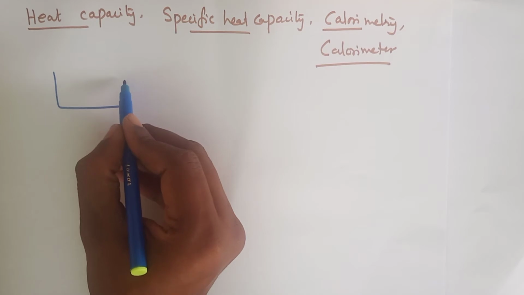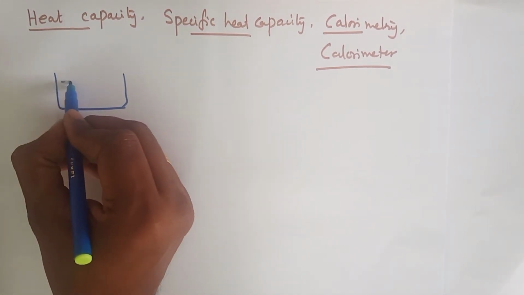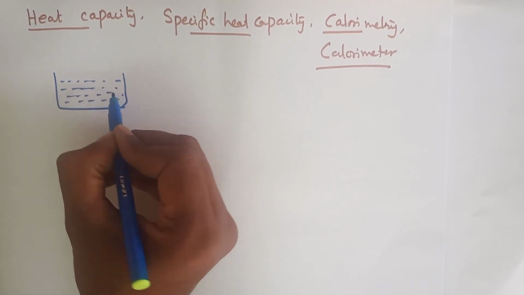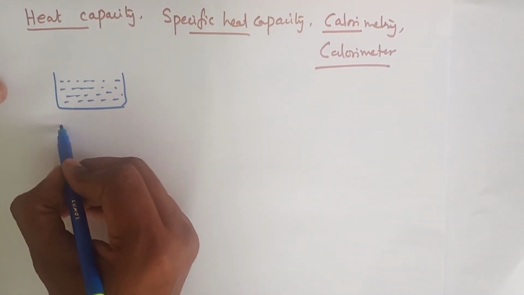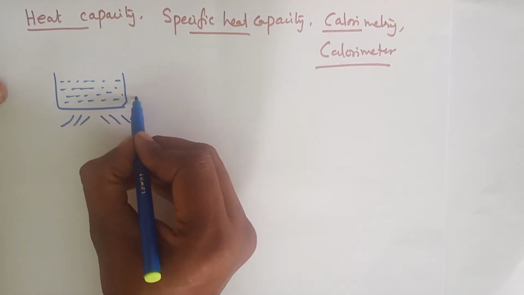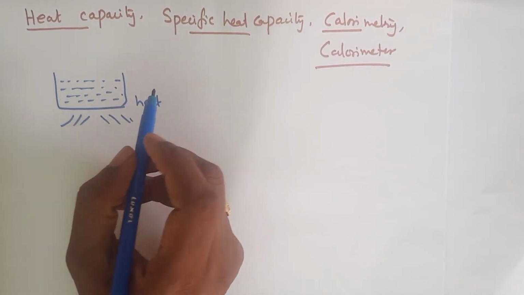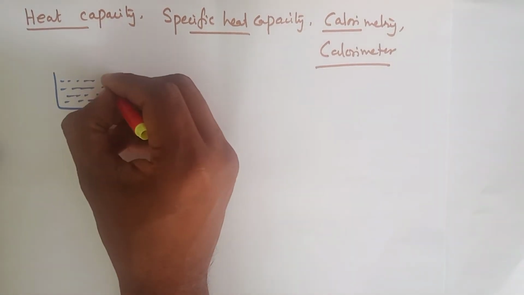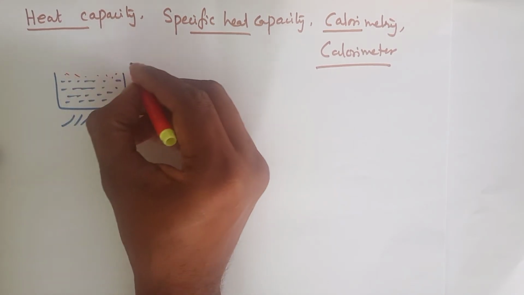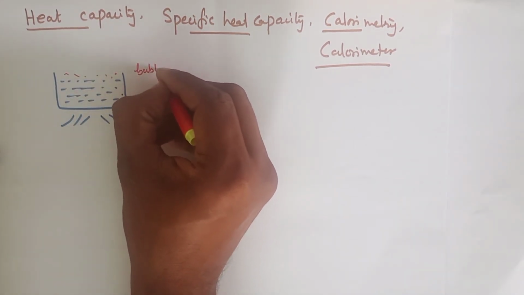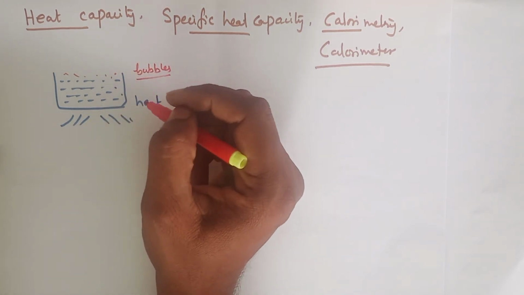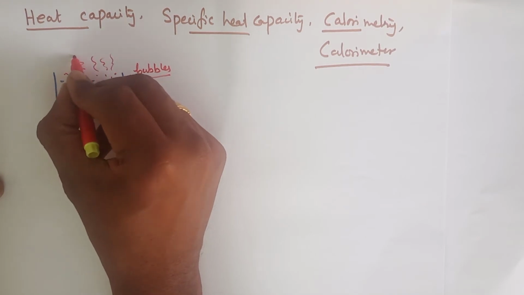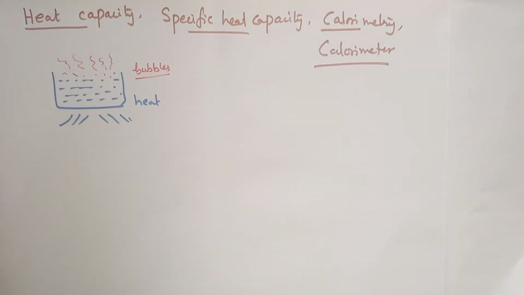When we take water in a vessel and heat it for some time, what is our observation? After some time, bubbles will be observed. Bubbles begin forming, and that is called turbulence.